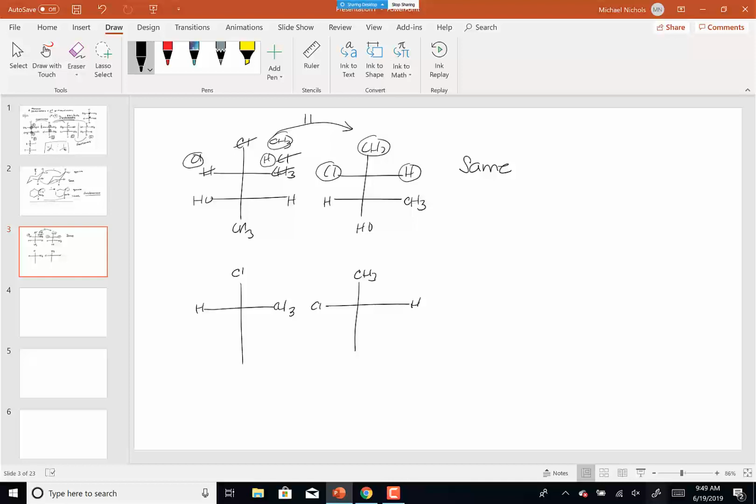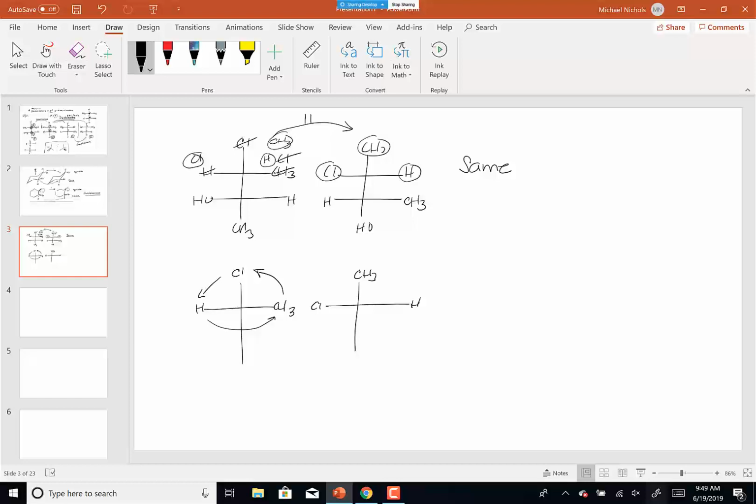But here's a Newman projection. So I can rotate this Fischer projection this way, but I can also rotate it this way, and it's a Newman projection. So in other words, I can rotate things. I want to line up the groups, right? So what if I rotate this methyl group here, the chlorine here, and the hydrogen there?